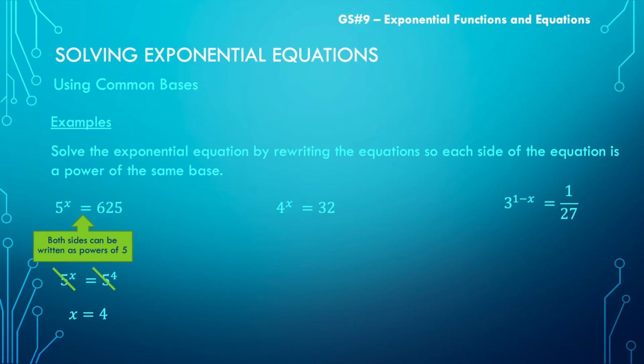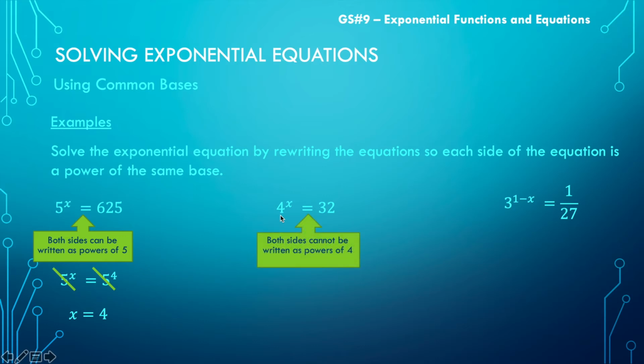For the next example, we have 4 to the x is equal to 32. Remember I said we want to check and see if both sides of the equation can be written as powers of the base of the exponential expression. So can 32 be written as a power of 4?